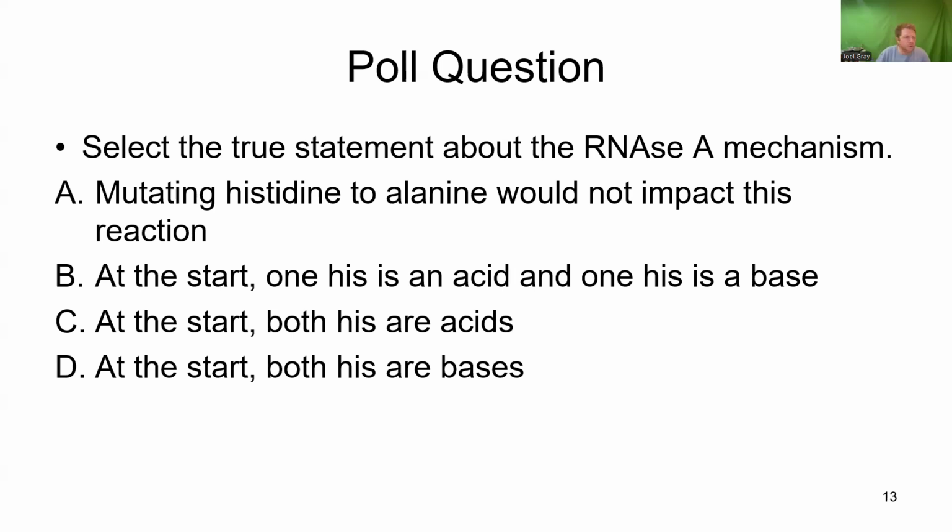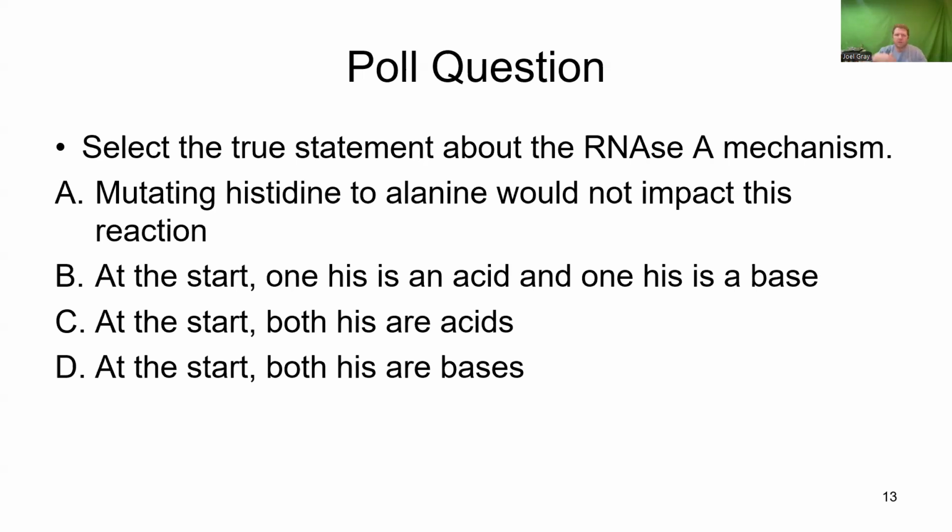Now, this first point, I want you to think about it. I like this sort of question because it makes you consider, well, what do I need? What did I see in this mechanism? I saw protons being exchanged. More than anything else, I saw a proton go from here to there.